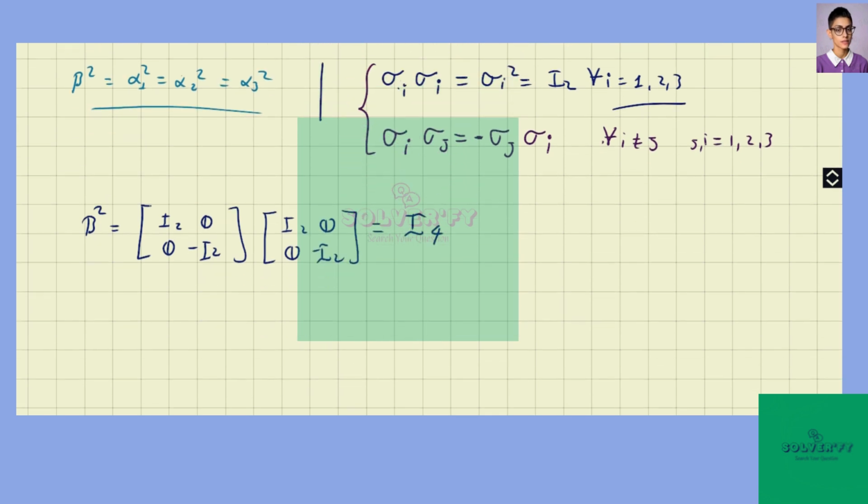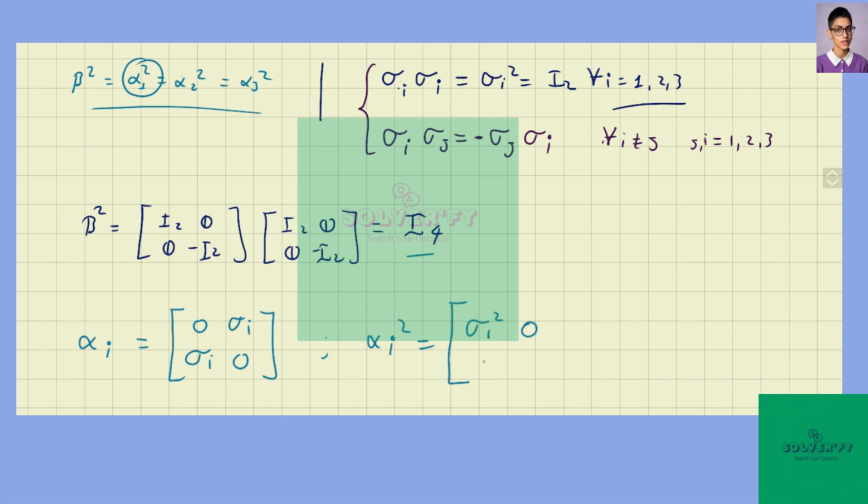So we need to show that this is true for the rest of the Dirac matrices. Remember that I put here a label alpha i. So alpha i is the matrix equal to 0, sigma i, sigma i, 0. What happens if we multiply alpha i with itself, or in other words, we take alpha i squared? This is going to be equal to sigma i squared, 0, 0, sigma i squared.